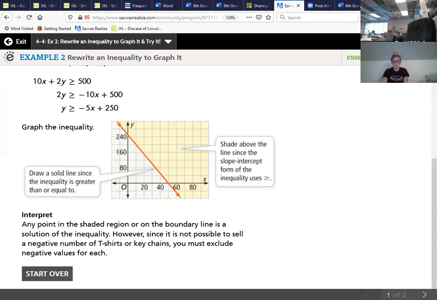However, since it is not possible to sell a negative number of t-shirts or keychains, you must exclude negative values for each. So realistically, only this part is the solution, because down here I would have a negative number of keychains, and over here I'd have a negative number of t-shirts. So we just use that positive part.